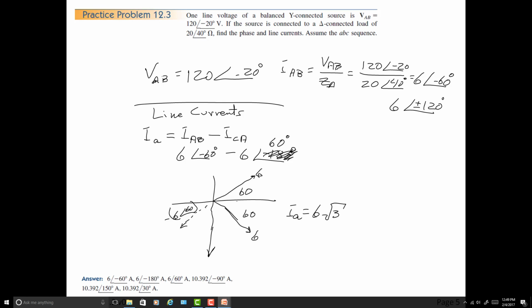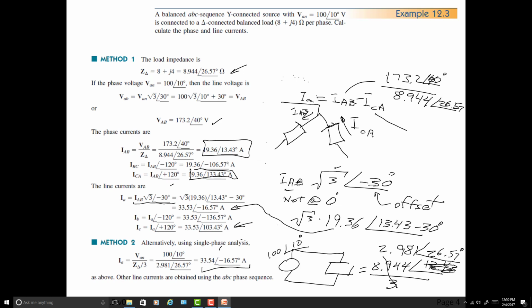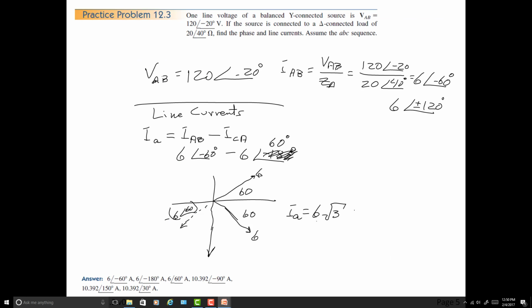We know that. And here's our angle at an angle of minus 90 degrees. So you can work this out, and that is probably 10.392. You can take 1.7 times 6, which is about 6 plus 4.2 and a little bit bigger than that. So it's a little higher than 10.2.